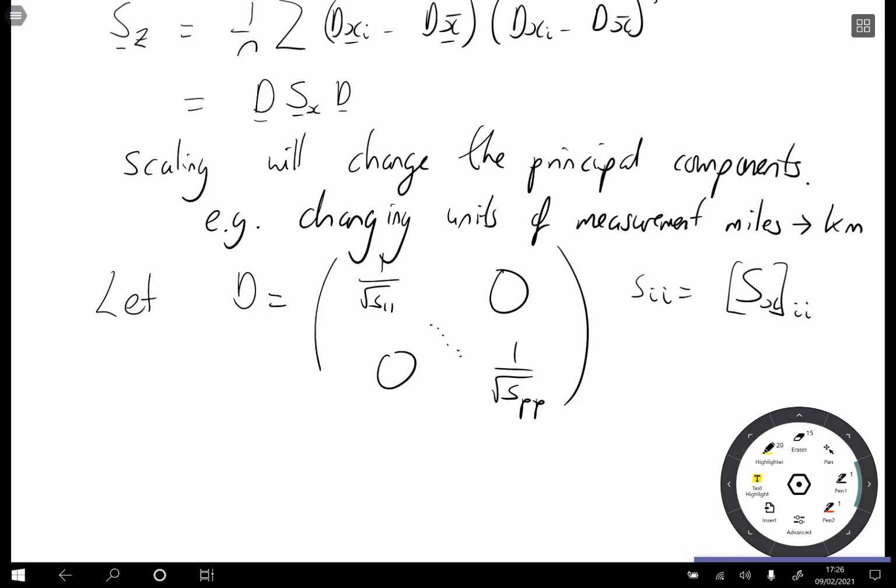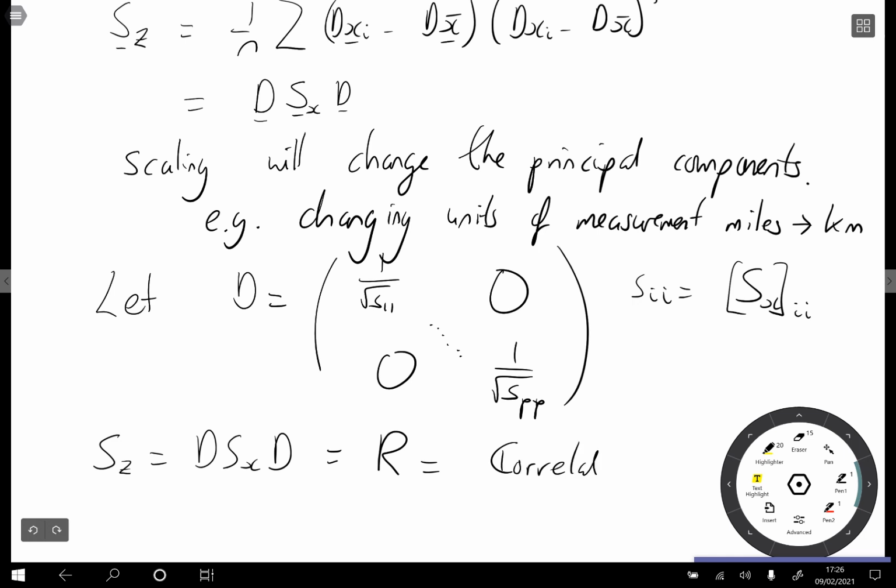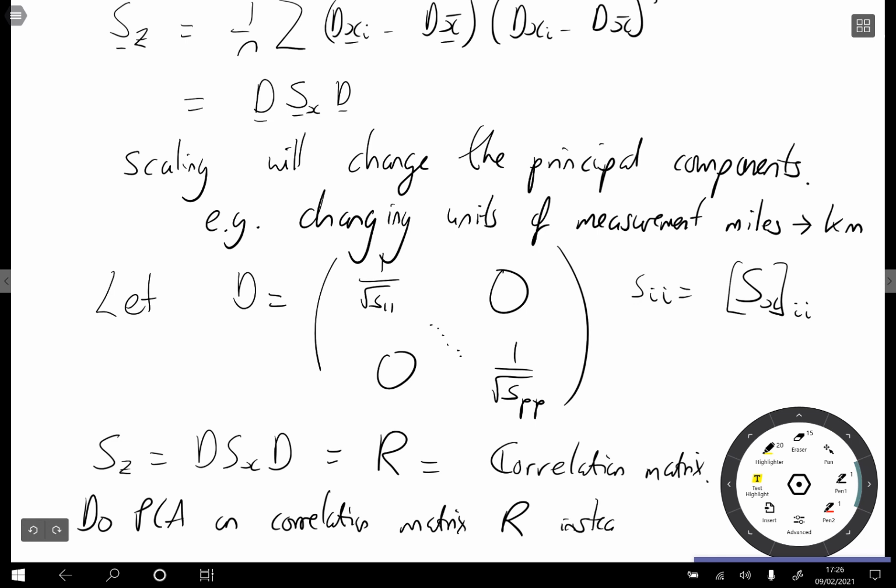We're going to find that the sample variance of Z, which is D SX D, is now R, the correlation matrix. So we can do PCA on the correlation matrix R instead of S. And we saw that in the previous section. And that's often a desirable thing to do.